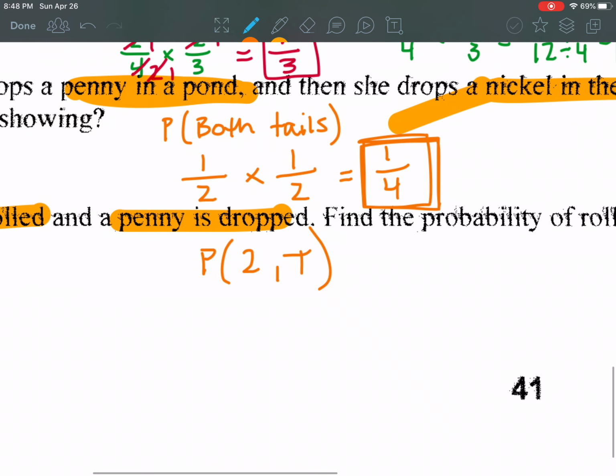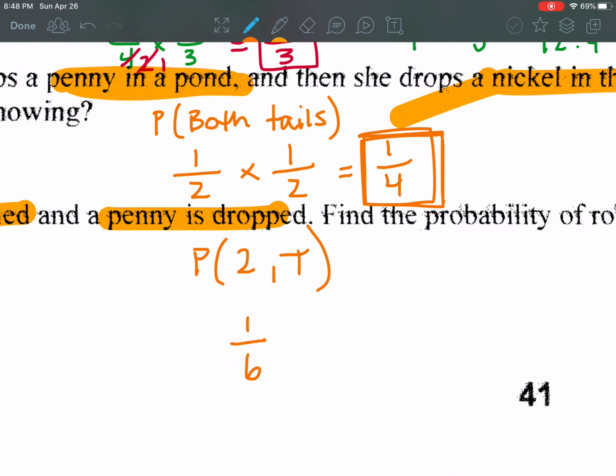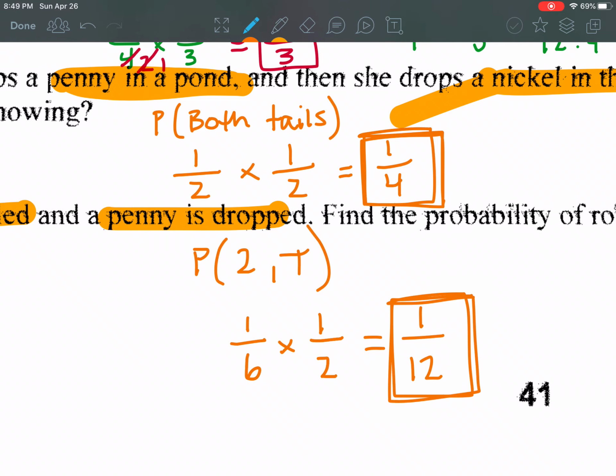So think about a die. How many 2s are on there? Well, there's 1 2 out of 6 possibilities, okay? Your penny, the probability of flipping a tails, well, there's 1 tail out of 2 total outcomes. Multiply straight across, 1 times 1, 6 times 2, so 1/12 is your probability.